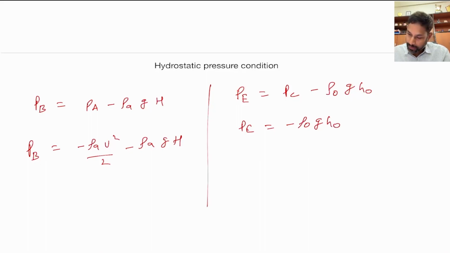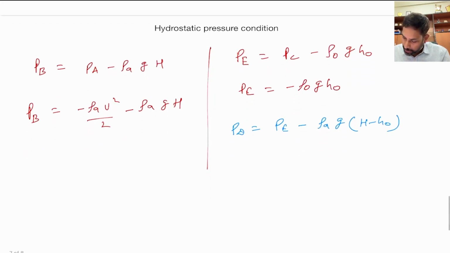In a similar manner we can define PD, which will be equal to PE minus rho ambient g (H minus H naught). With PE here, that is minus rho naught g H naught minus rho A g (H minus H naught).